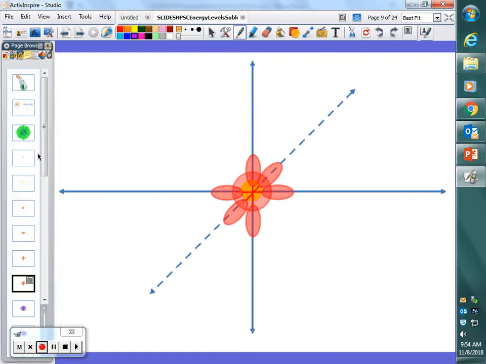Why would they arrange themselves in that fashion? They're symmetrical, right? We said there were two principles that govern the shape and the location of these orbitals. What are the two things that electrons are trying to accomplish?